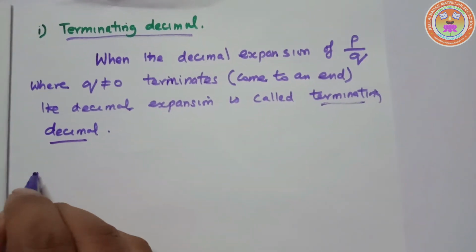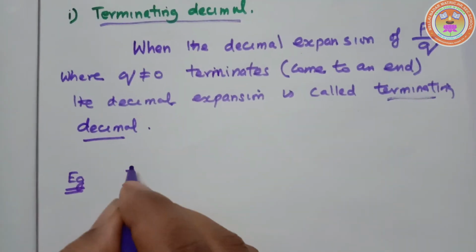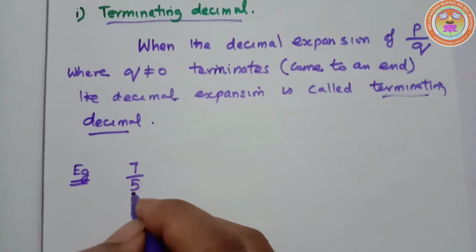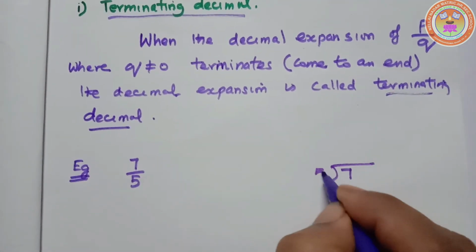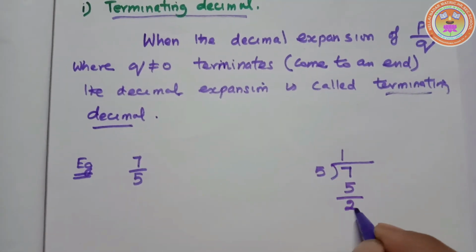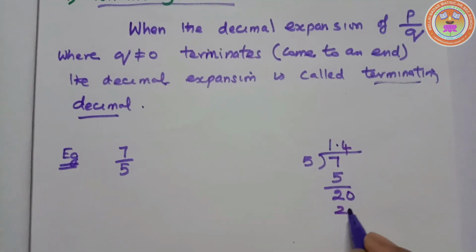We'll see one example, children. Example 7 by 5. It is p by q form where q is not equal to 0, 5 is not 0, right? So when you divide, what do you get? 5 how many times? 1 time. 5 balance 2. Then 0. 5 fours are 20.